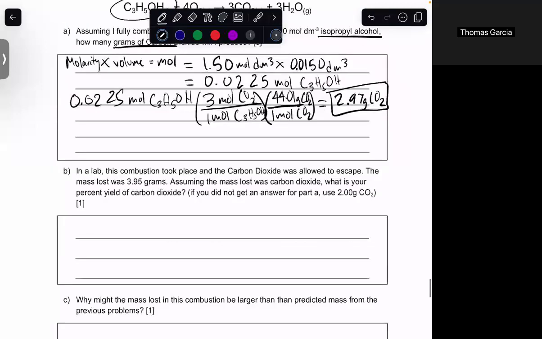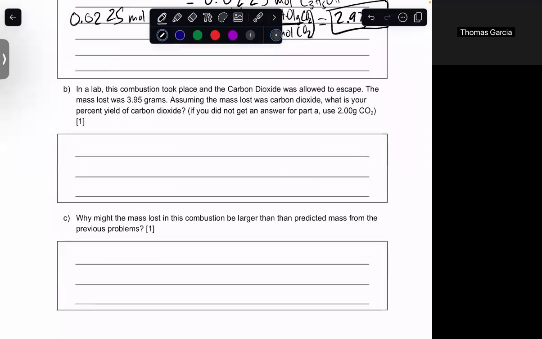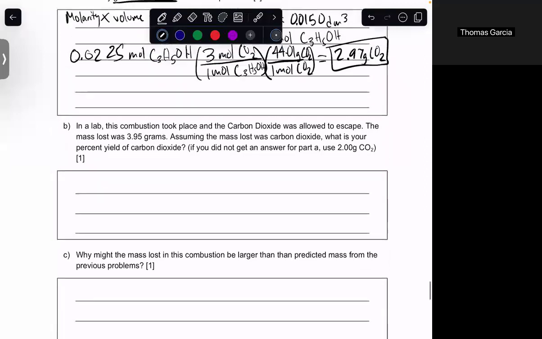That's that answer. In a lab, combustion took place and the carbon dioxide was allowed to escape. The mass loss was 3.95 grams. Assuming the mass loss was carbon dioxide, what is your percent yield of carbon dioxide? Well, percent yield is our experimental over our theoretical times 100.